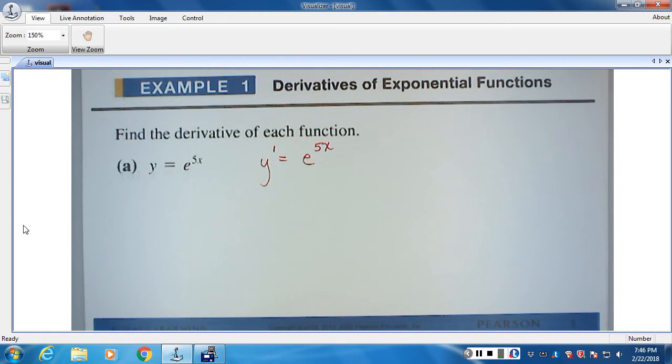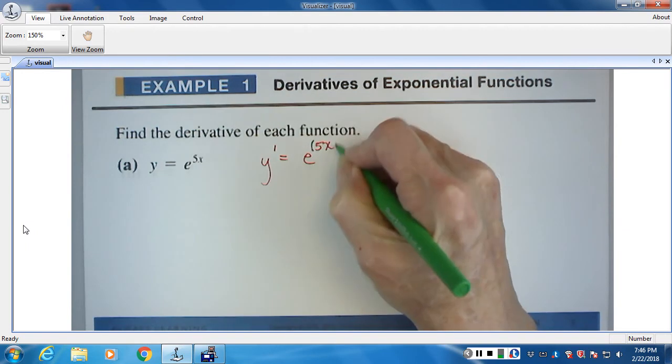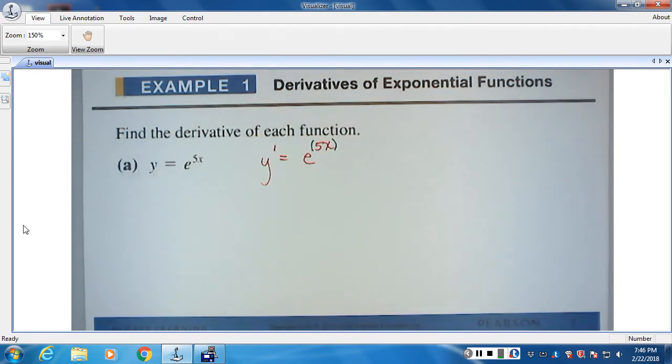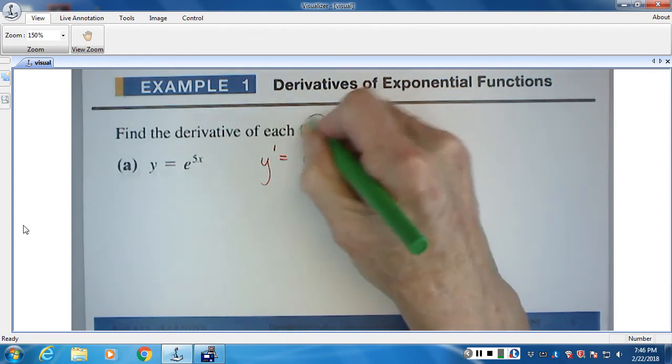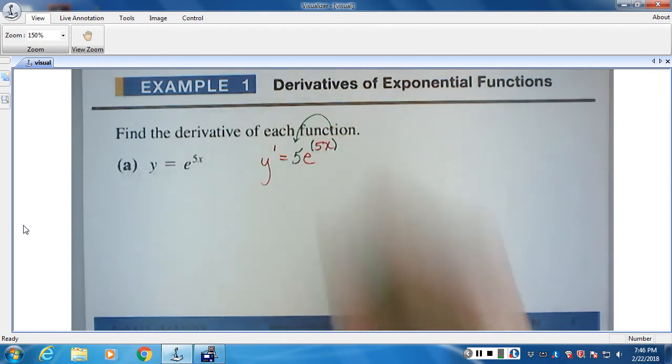But since the power is not just x by itself, that power actually has a derivative, so it becomes chain rule. The power is an expression, not just an x. So I need to take the derivative of that expression, and the derivative of 5x is 5. So I put a 5 in front of it. There's the chain rule.